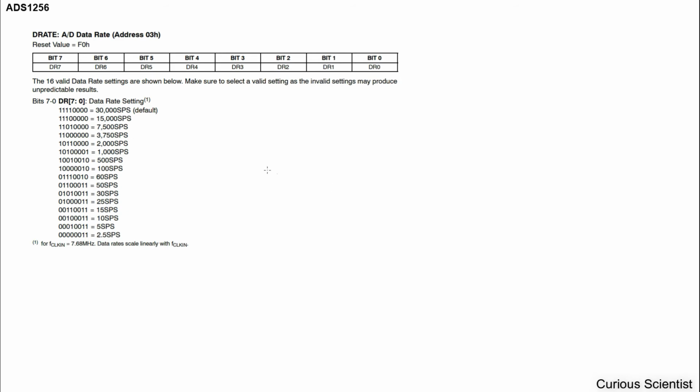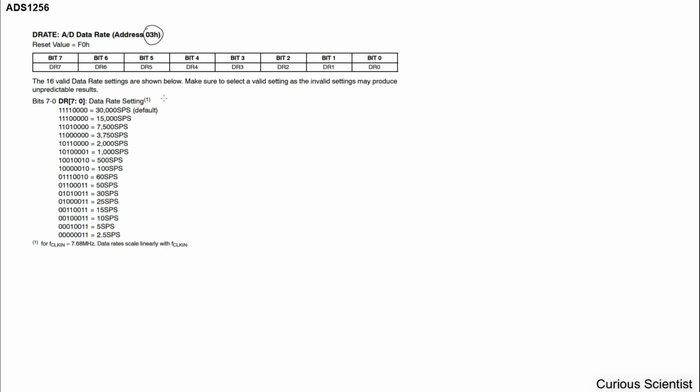This is the fourth register, fourth because we start from 0. So you can say this is very straightforward. Based on the 8 bits, you can define several different data rates, and SPS means samples per second.